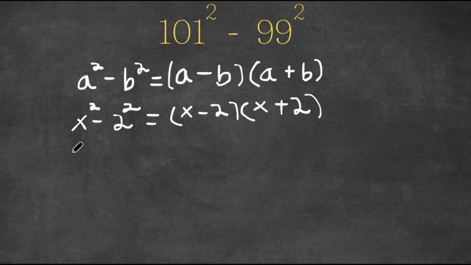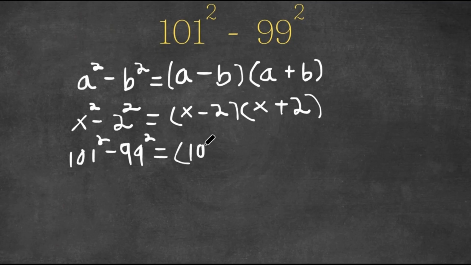So this would equal 101 minus 99 times 101 plus 99.